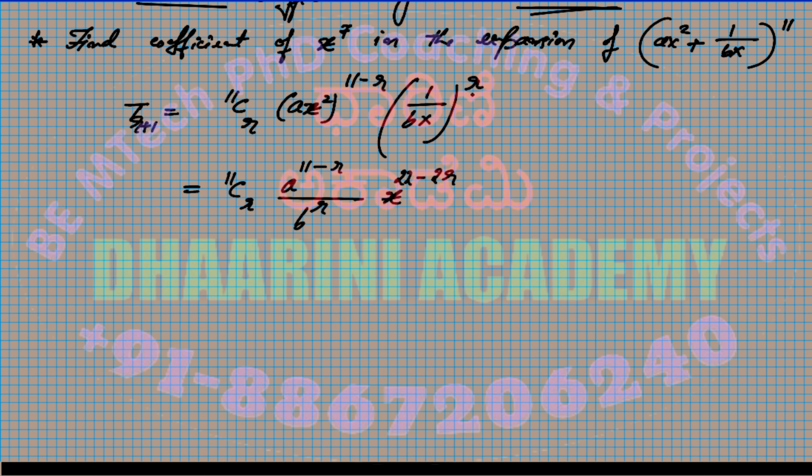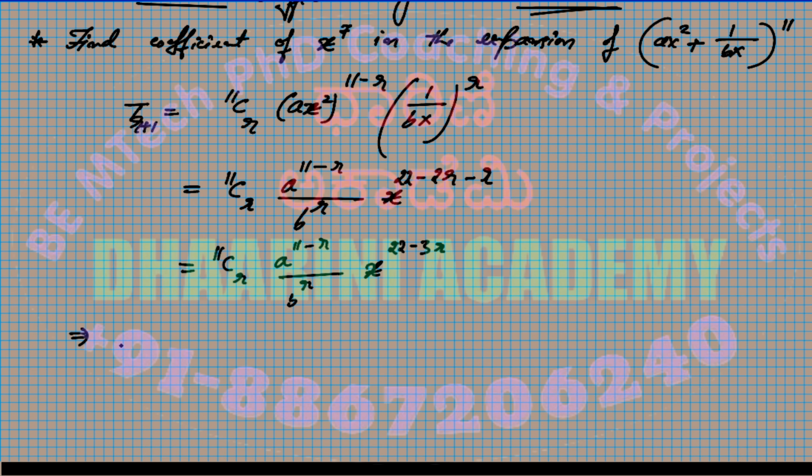So there is an r which is in the denominator, comes to the numerator as minus. So this means we can try to write this as 11cr a to the 11 minus r divided by b to the r into x to the power 22 minus 3r. Okay, so this is the r plus 1th term, right?